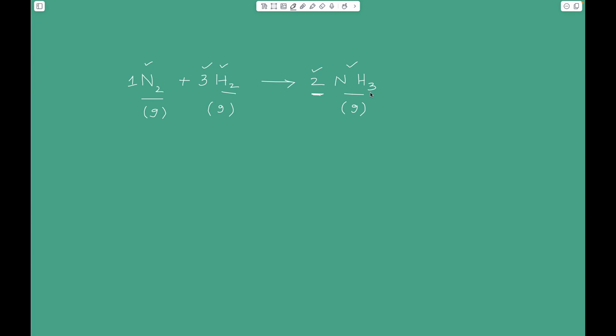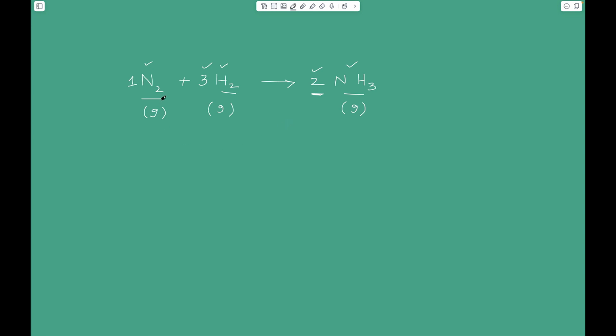But does it mean that we have to carry out the chemical reaction only between 1 molecule of nitrogen and 3 molecules of hydrogen? This equation is not saying that every time you carry out a chemical reaction between nitrogen and hydrogen, you can combine only 1 molecule of nitrogen with 3 molecules of hydrogen. That does not make sense.